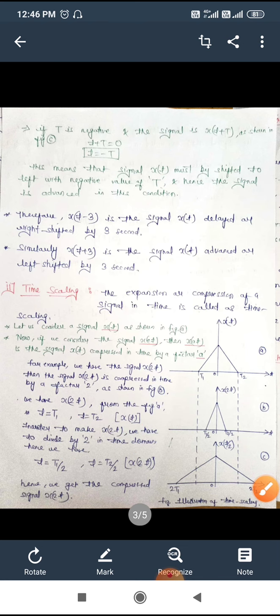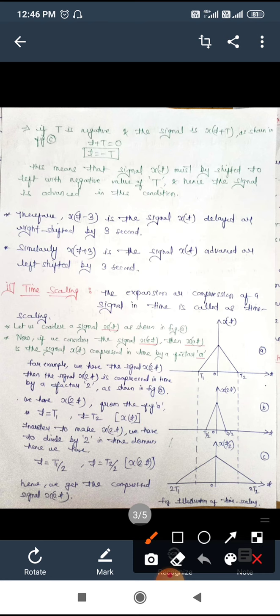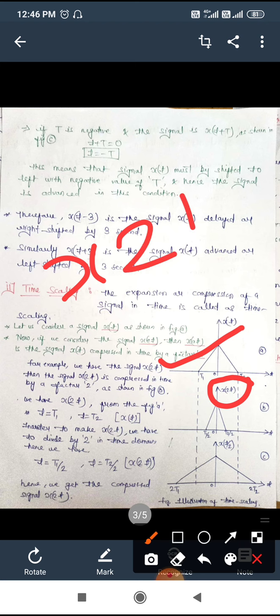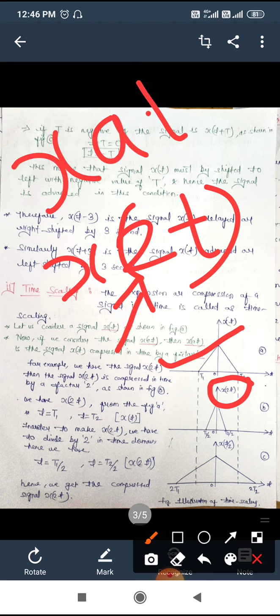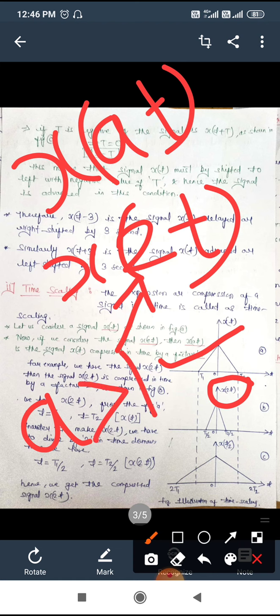Now we will discuss this with the help of a figure. This is your x(t). Now if you want to make x of 2t, here 2 is nothing but a scaling factor. If we compare this with x of at, as we know, here a is greater than 1, obviously this is 2, which is greater than 1.